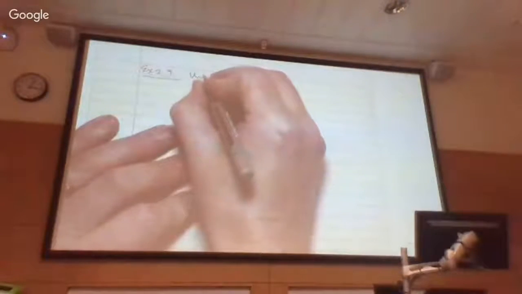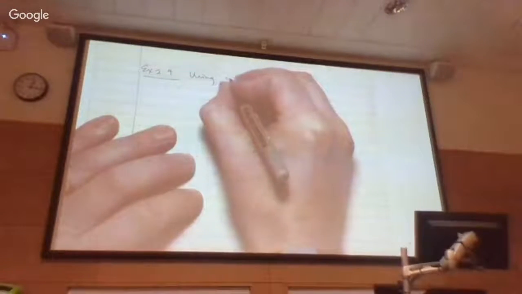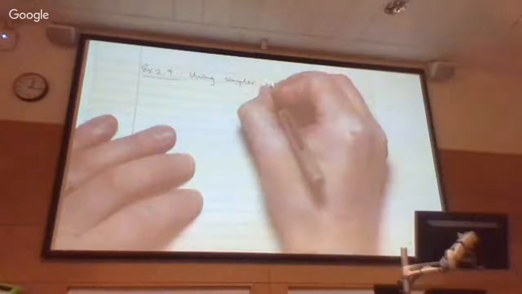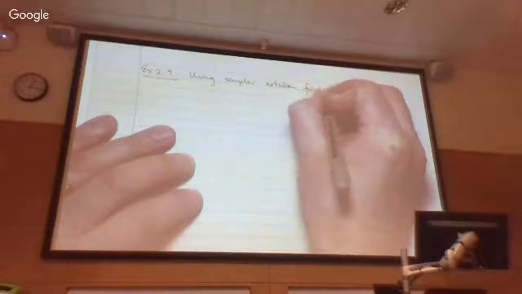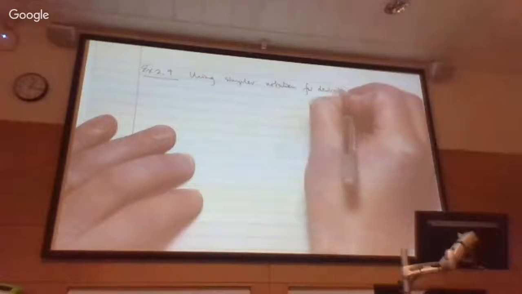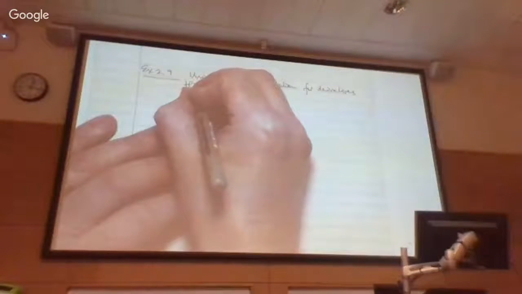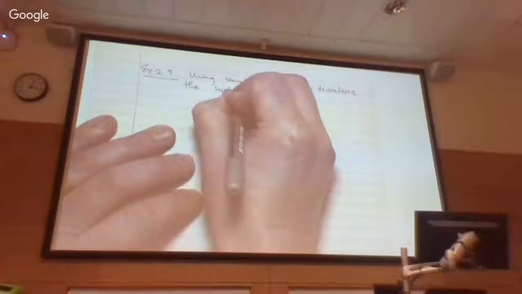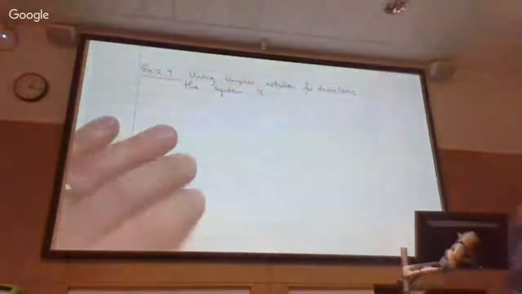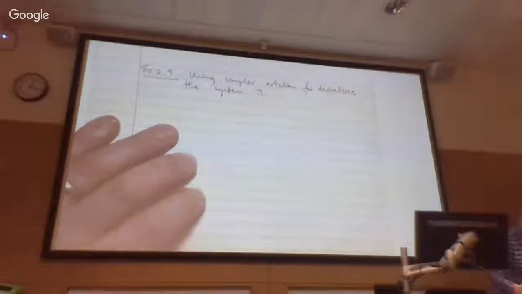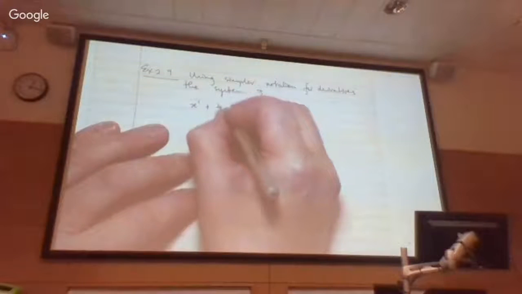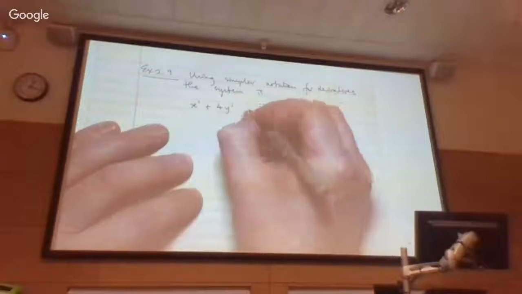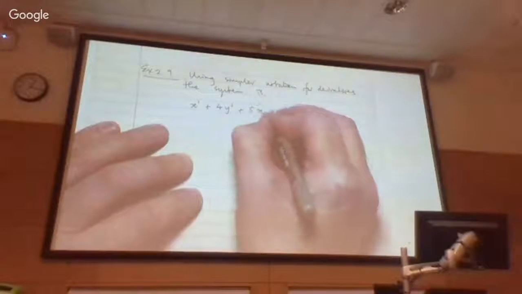So using slightly simpler notation for derivatives, we'll just use this other way of writing derivatives. The system is x prime plus 4y prime plus 5x equals 3.